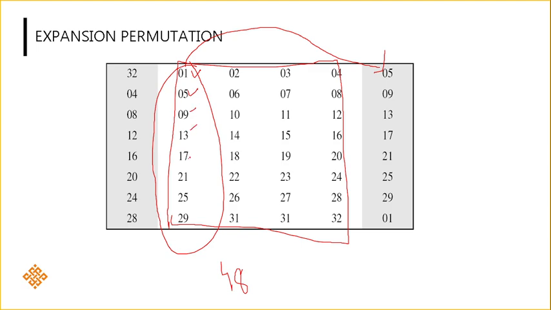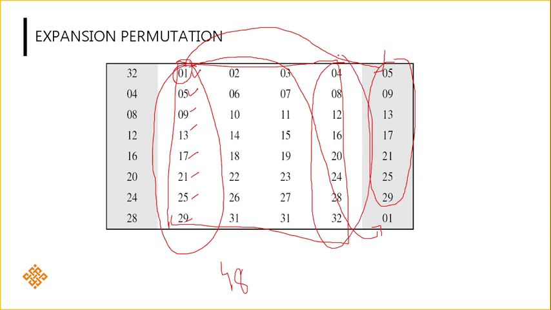The elements 5, 9, 13, 17, 21, 25, 29, we are taking here as they are. And the one, that is element 1, we change to the last element. Similarly, in the last column we have 4, 8, 12, 16, 20, 24, 28, 32.